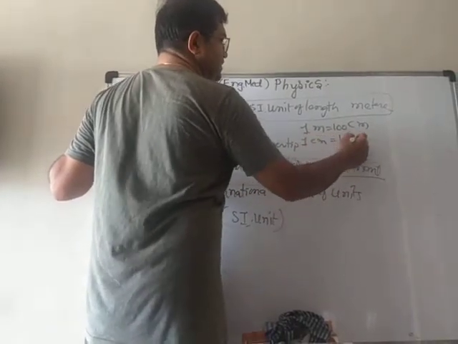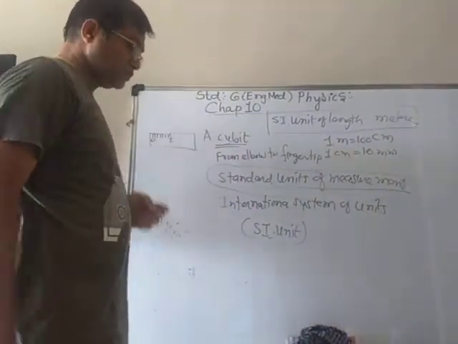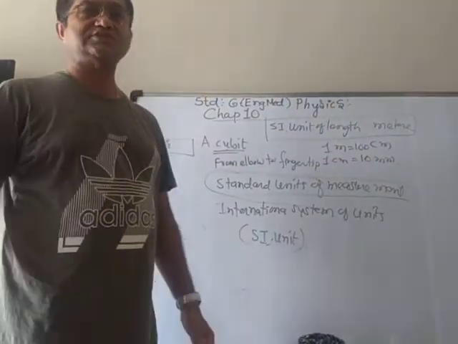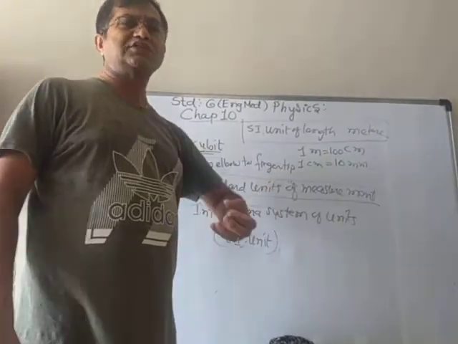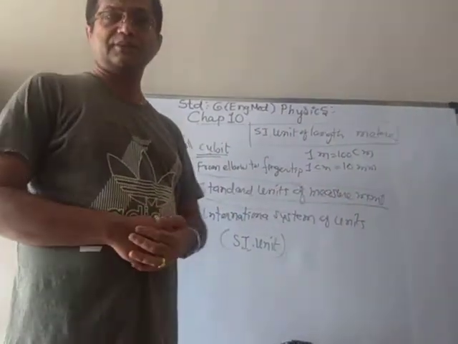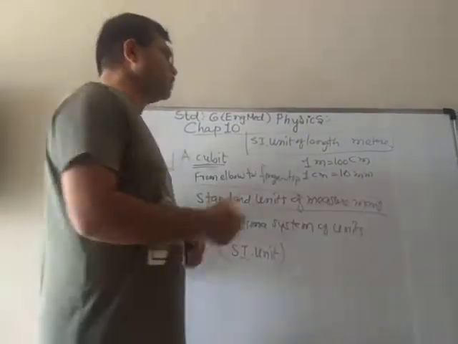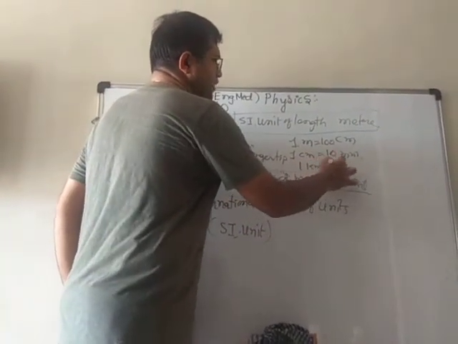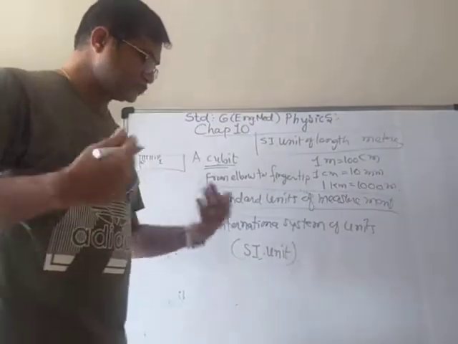1 centimeter is equal to 10 millimeter. We know the bigger units also, like kilometer, because the distance between two cities cannot be measured in centimeter, as that would be so many centimeters. So they made a bigger unit also, which is kilometer. So 1 kilometer is equal to 1000 meters, and so on.